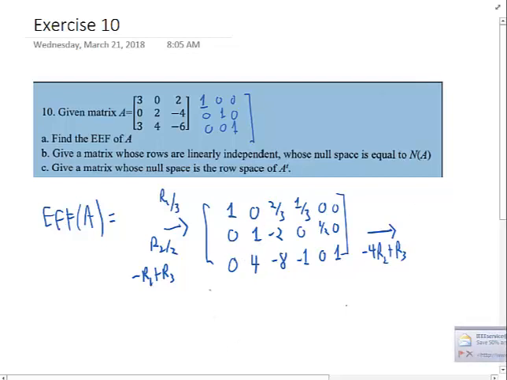So let me write it down here. It's going to give me 1, 0, 2/3, 1/3, 0, 0 on the top here. And then here I have 0, 1, minus 2.